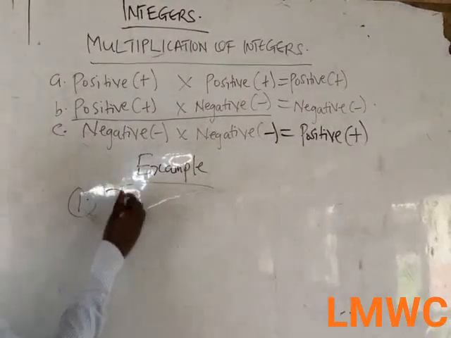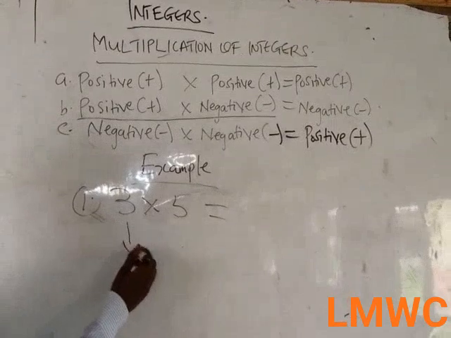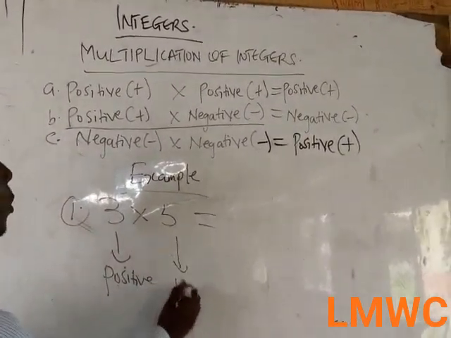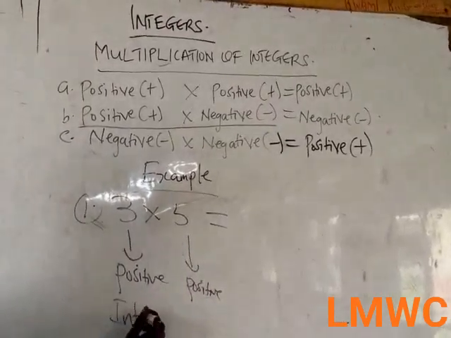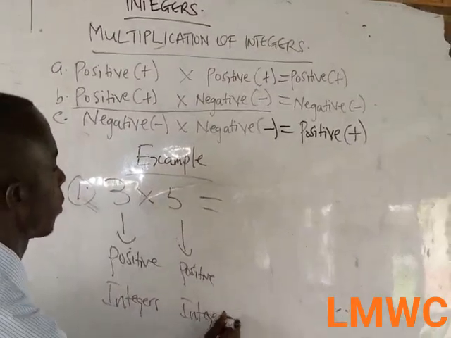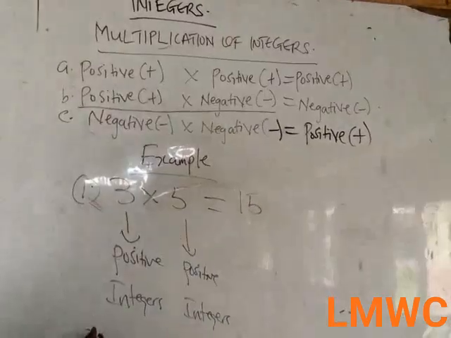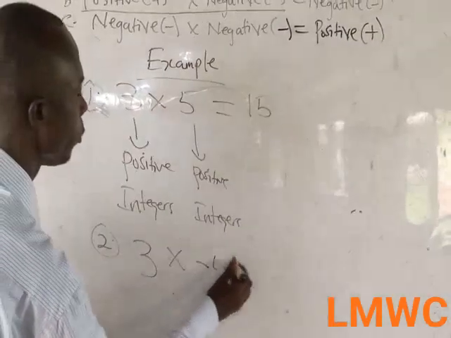So example 1: 3 times 5 is what? This is positive and this is positive. So we have 2 positive integers. So 3 times 5 we are having 15. Example 2: 3 times negative 4.